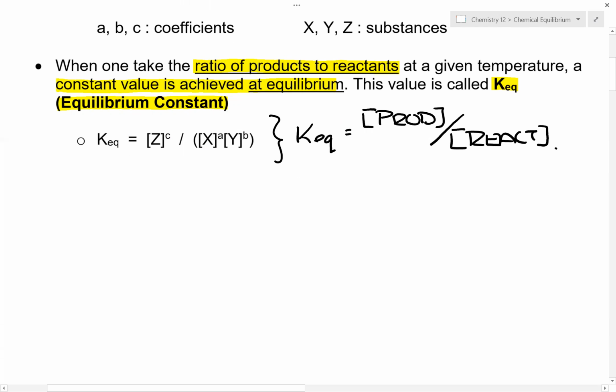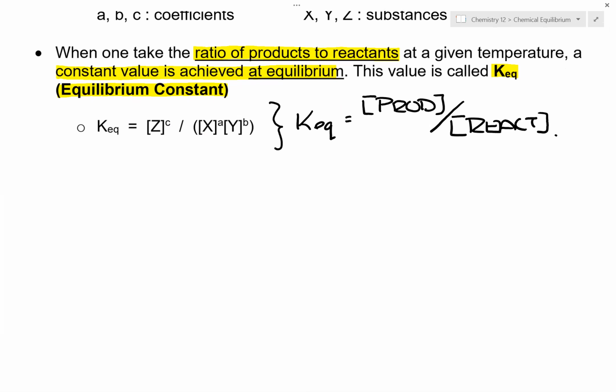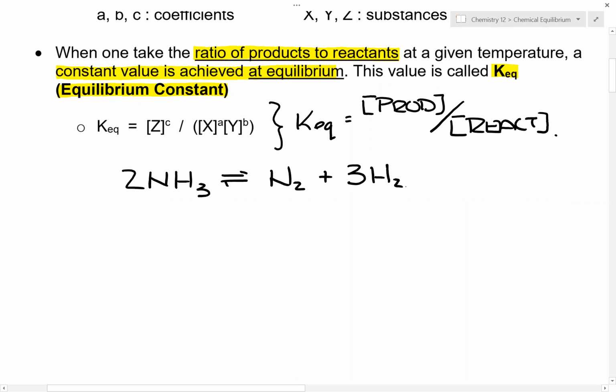Now, a couple of things, let me give you an example of what I mean. So let's say we had this equation: 2NH3 is in equilibrium with N2 plus 3H2.